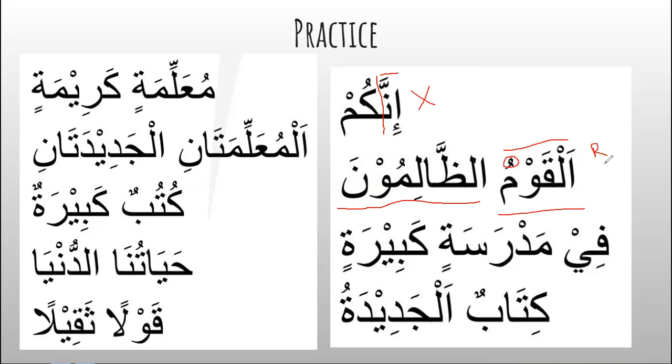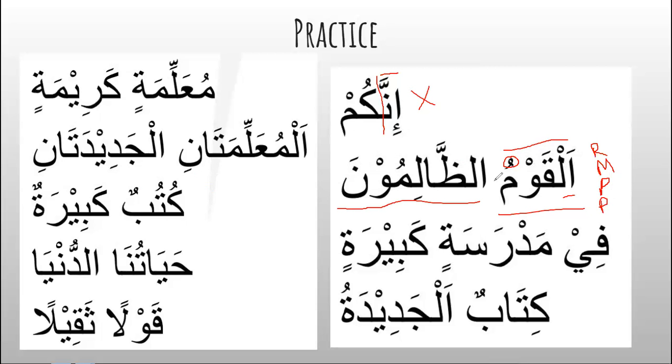It's masculine because there is no reason for this word to be feminine. And qawmun, you know, in our number class the three words qawmun, nasun, qarnun are considered ism jama. So these words are plural because they are ism jama. And there is Al over here, so it's proper.